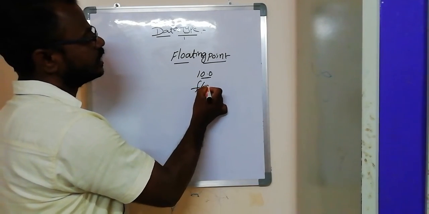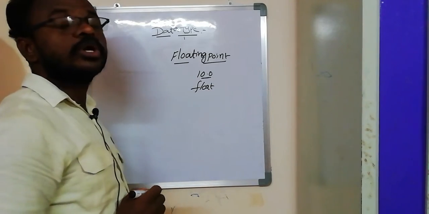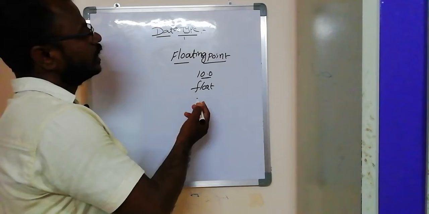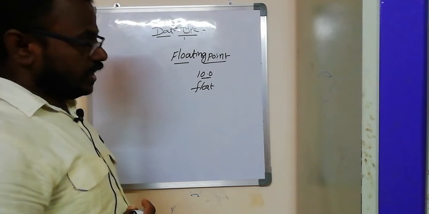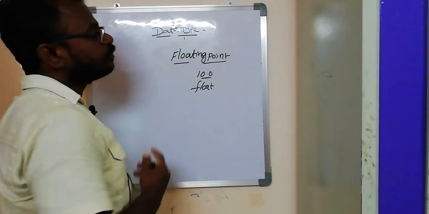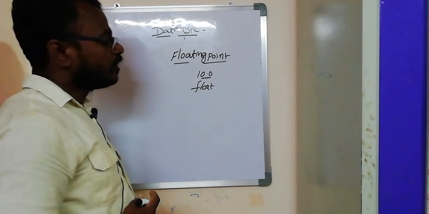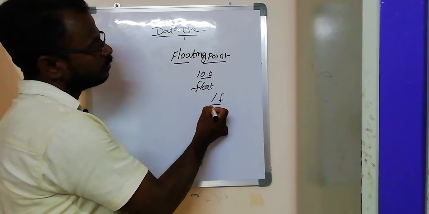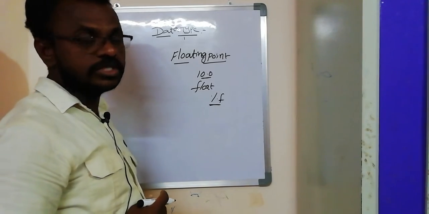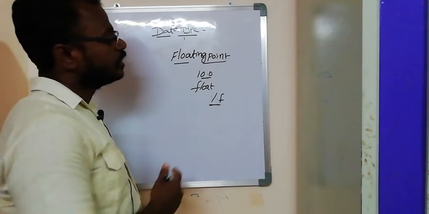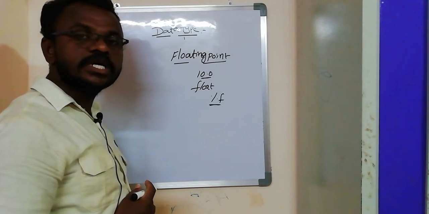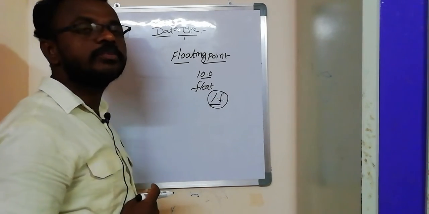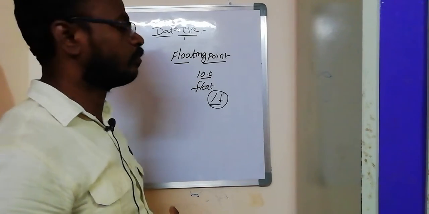To print any value of this data type, we use the symbol %f. Without this specifier, the value cannot be printed in a C program.